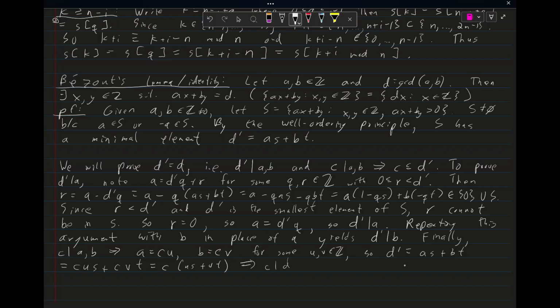And this tells us that C must be less than or equal to D prime, because D prime is strictly greater than 0.